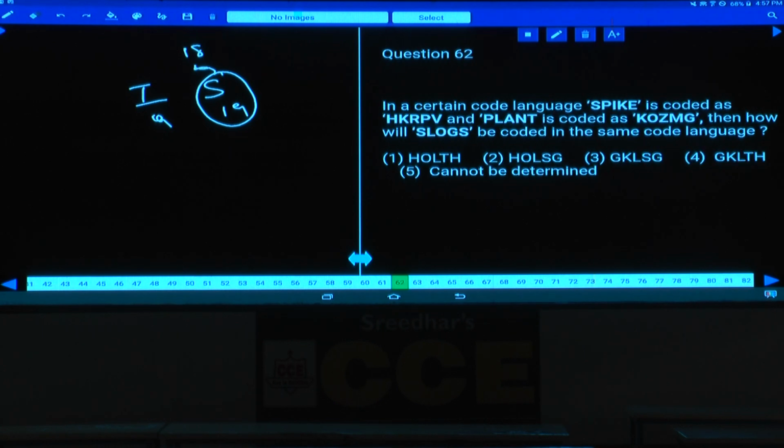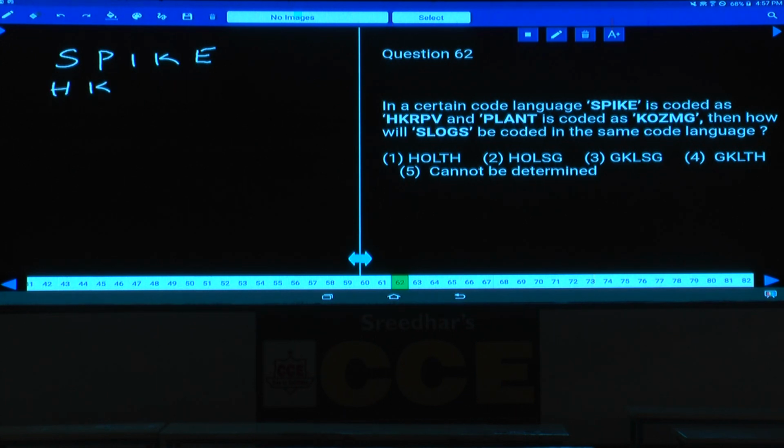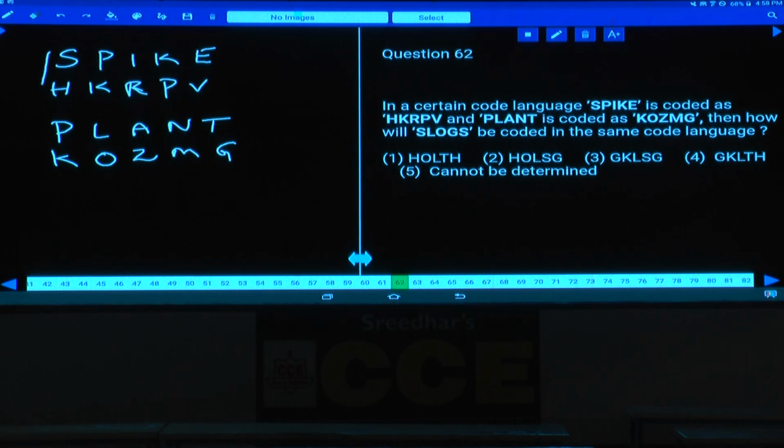Then question number 62. What is the code given to the word SPIKE? Spike is HKRPV. And what is the code to the word PLANT? The code to the word plant is KOZMG. What is the relation between these two? If you observe S and H, they are opposite to each other. What do you mean by opposite? AZ, BY, CX, DW, all these are opposite.